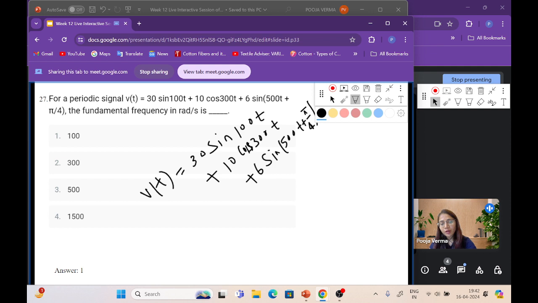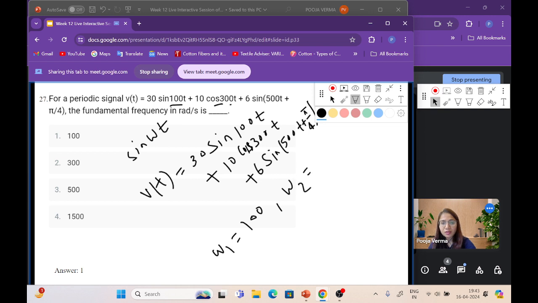Now first we need to find out the frequency of every signal. First we need to find out omega 1. So what is omega 1 here? The signal is represented by sin omega t. So what is the omega? It is 100. And what is the value of omega 2?